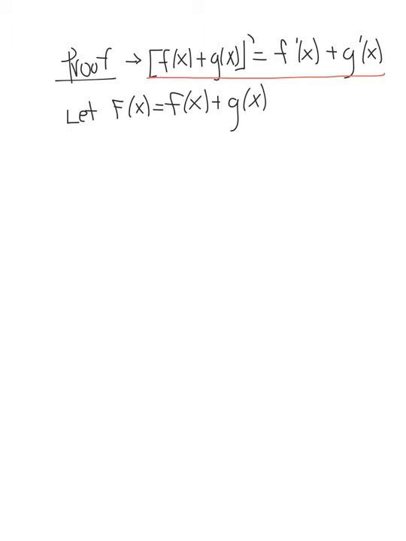Since I've done that, I can then start using my first principles and say that F prime of x is equal to the limit as h approaches 0 of F of x plus h minus F of x all divided by h.